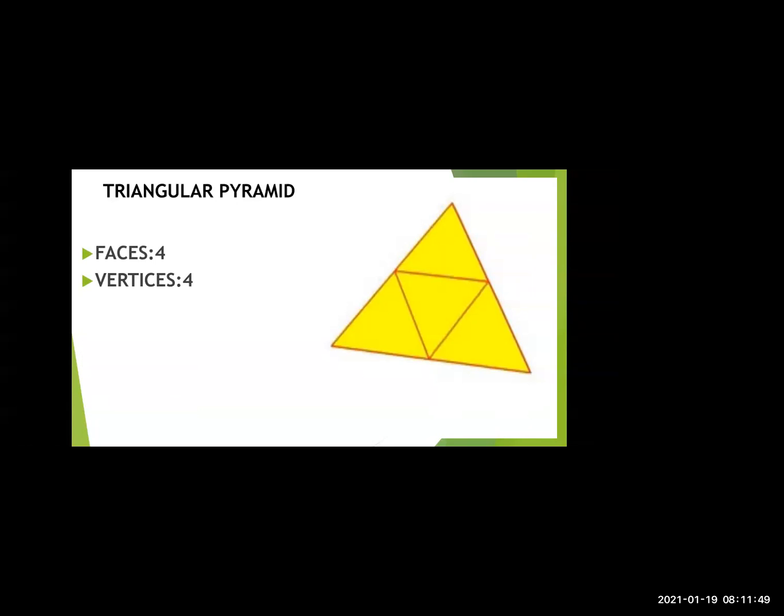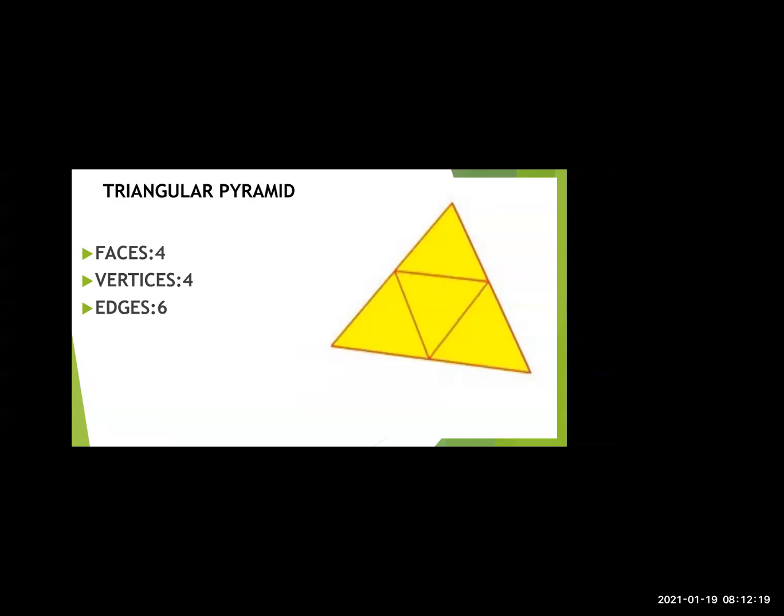Also the vertices will be 4, because of the 3 covering triangles plus 1 base triangle. So always remember, in a pyramid the faces and vertices are the same. And edges will be 6, because the triangle base has 3 sides and the 3 covering triangles add 3 more.